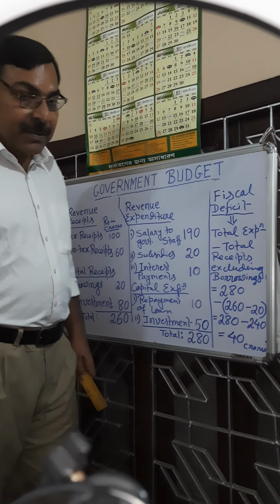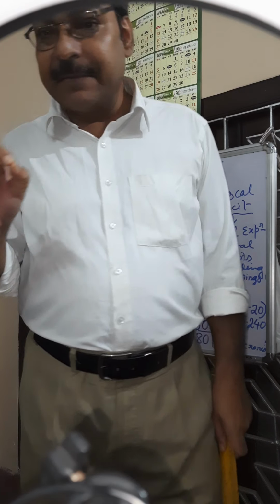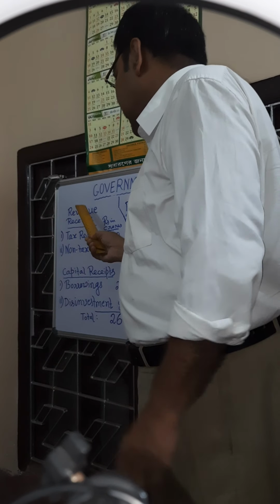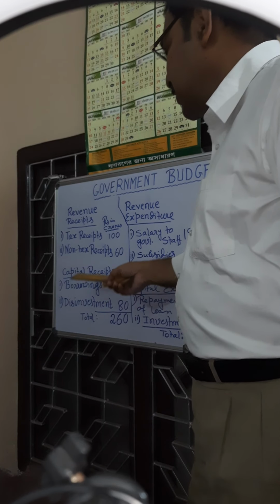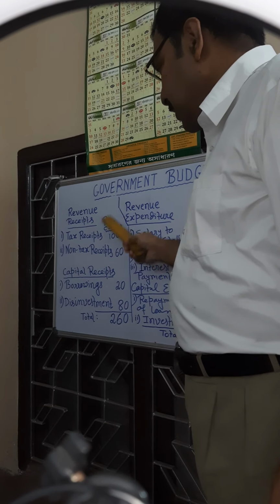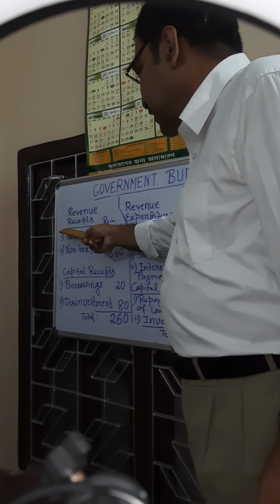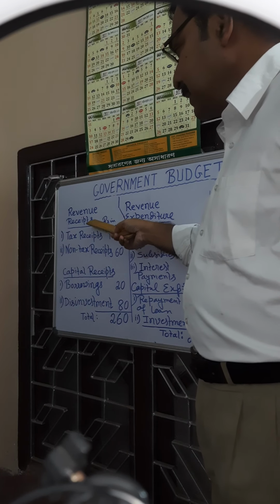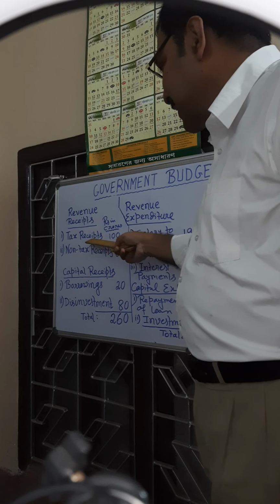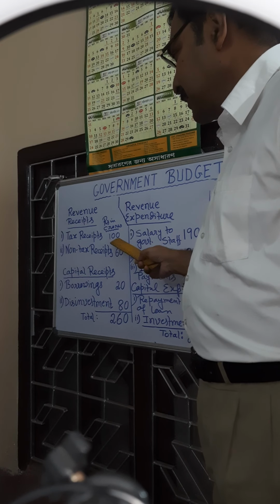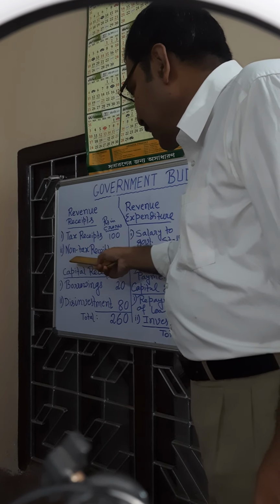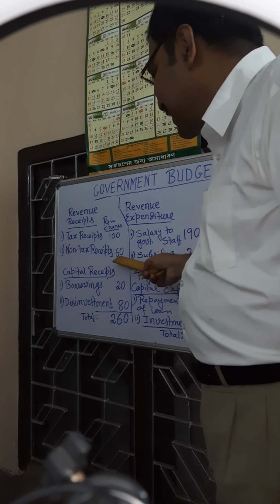Now, see the items within the receipt side. Within government receipts, we first consider the revenue receipts. Number one, tax receipts, 100 crores. Number two, non-tax receipts, 60 crores.